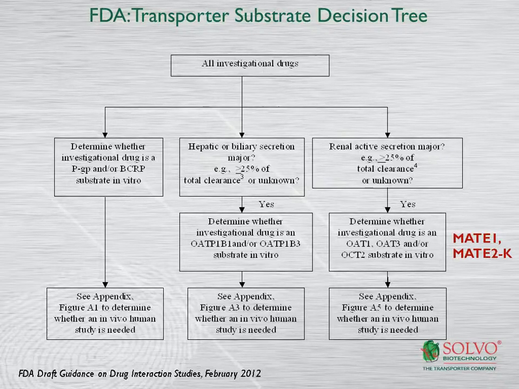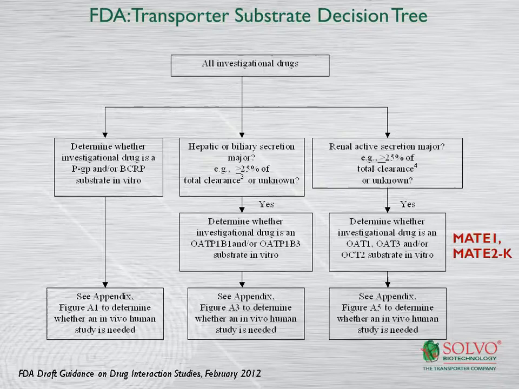Here I will show the first decision tree in general. All investigational drugs need to be characterized for PGP and BCRP, so whether they are substrates. If a drug shows, for example in an animal model, hepatic or biliary secretion higher than 25%, the uptake by OATP1B1 and OATP1B3 needs to be assessed.